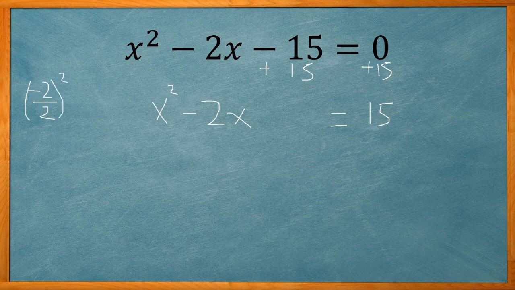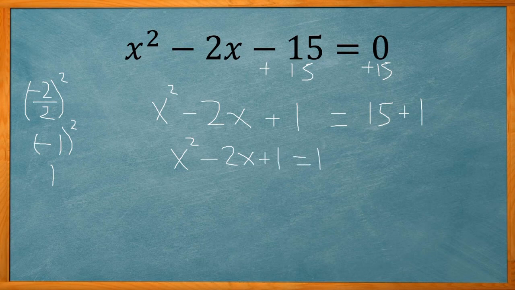So negative 2 over 2 is negative 1, and negative 1 squared just gives you positive 1. So I'm going to add that 1 to both sides. Now I have x squared minus 2x plus 1 equals 16.